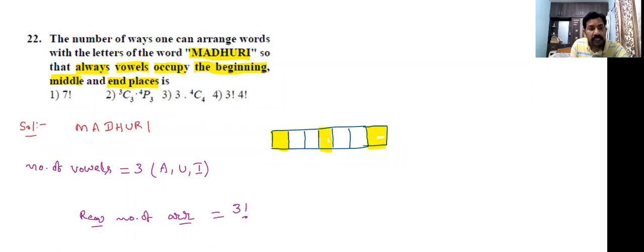The remaining 4 places can be filled by 4 consonants in 4 factorial ways. 3 factorial means 6, 4 factorial means 24. Then the answer is 144. But in the question, they have given directly 3 factorial into 4 factorial. That is the answer. Students, did all of you understand now? Vowels occupy the beginning, middle, and end places.